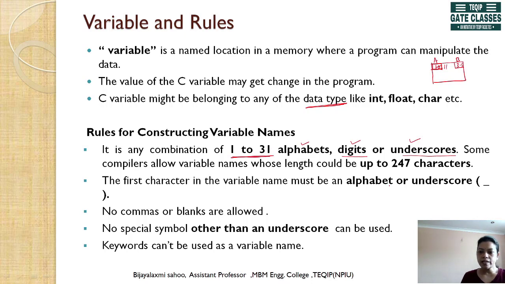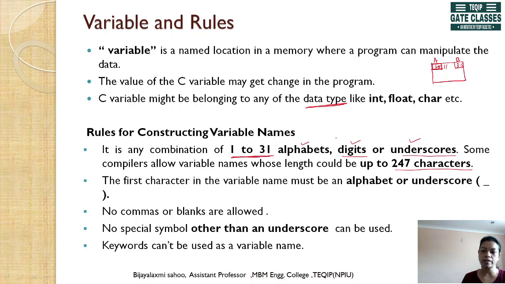Some compilers allow up to 247 characters. That means a single variable can be constructed using 247 characters. But while writing the program, we prefer to take variable names as small as possible, just like a single variable name consisting of only one character, or 2 or 3 characters.